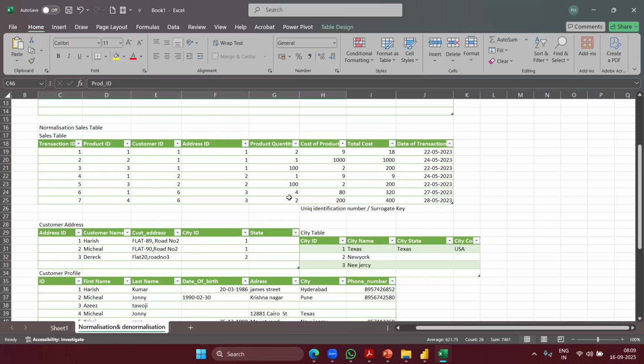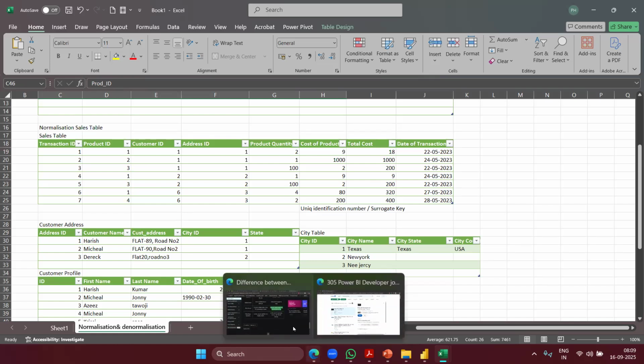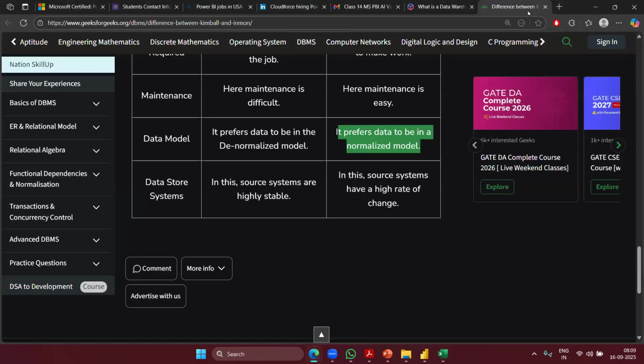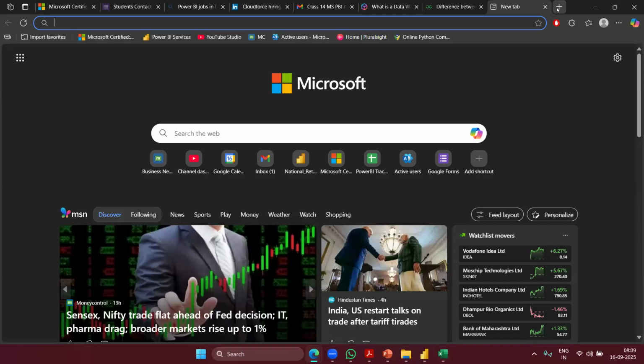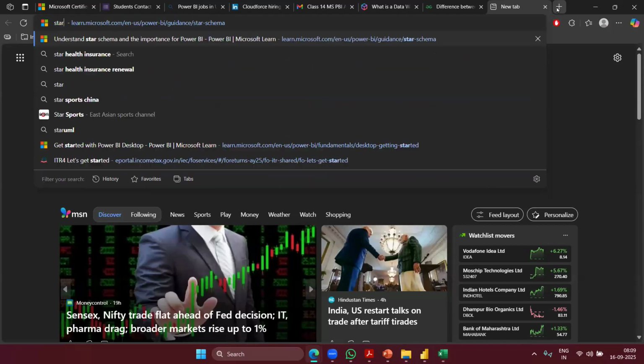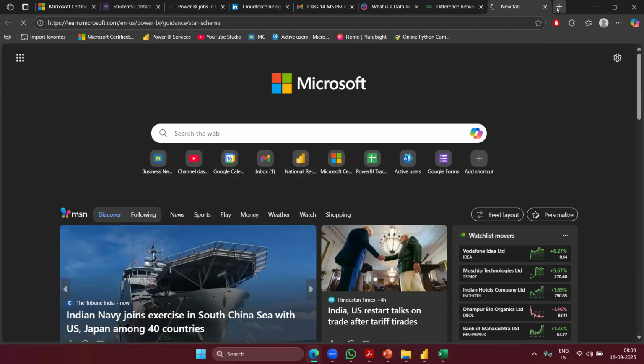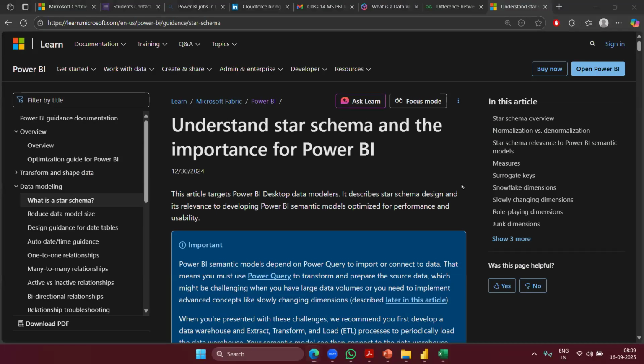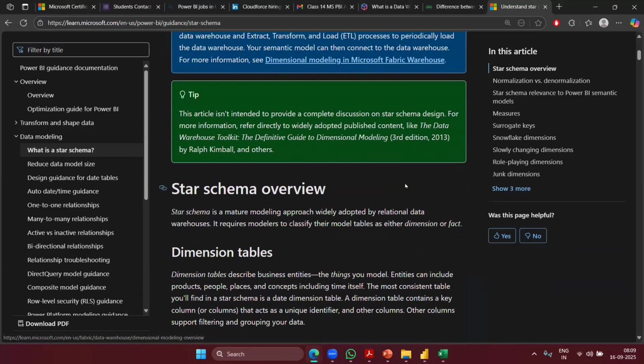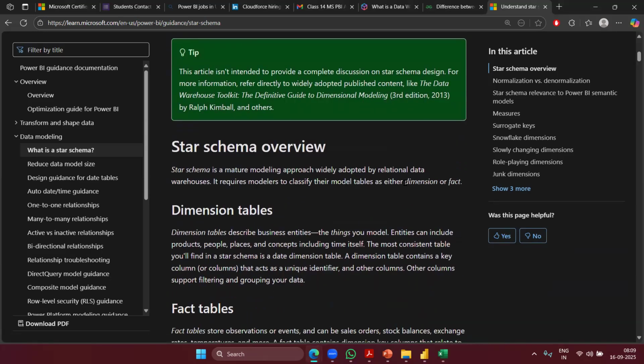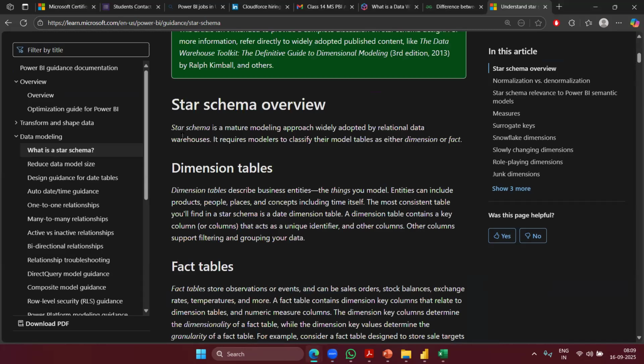For you to get more clarity, let me open one important article. And this article is again from Power BI. I will show you one statement here. See, this is the article from Power BI.